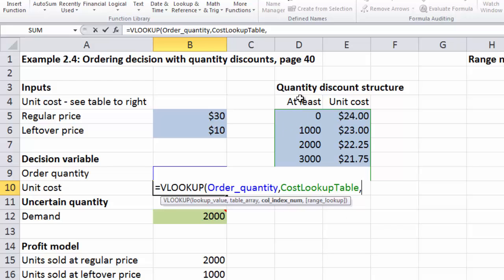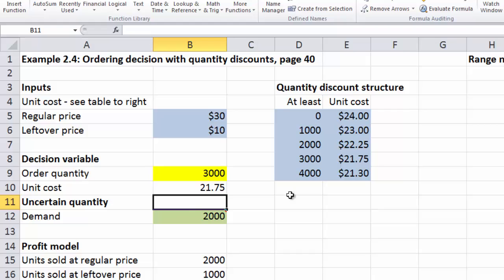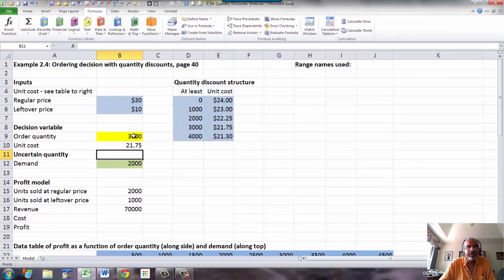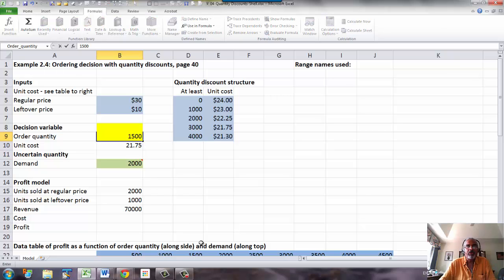In the table, this is the first column, this is the second column. The second column has the unit cost. So this will give us the cost per unit. If it is 3,000 order quantity, 21.75. Let's check one more number. Say if you order 1,500, it should be $23. So you have the VLOOKUP set up correctly.